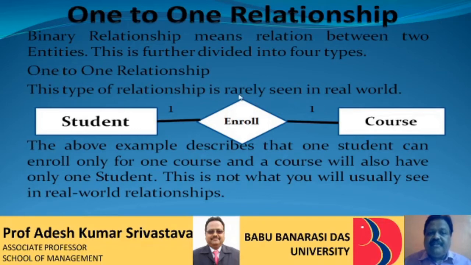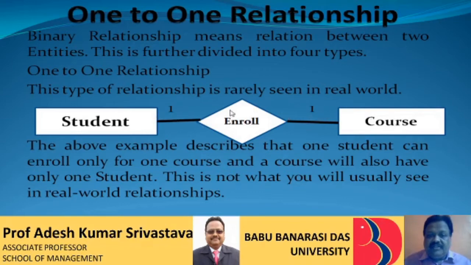This type of relationship is rarely seen in the real world. It means one entity has a relation with one other entity; on both sides there is only one entity. The example describes that one student can enroll for only one course.